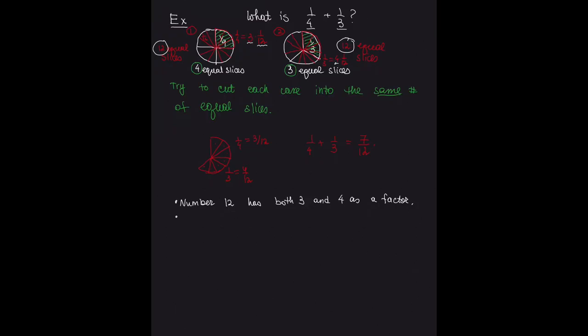It is also worthwhile noticing that the number 12 is the smallest number that has both 3 and 4 as a factor. So number 12 is the smallest such number.